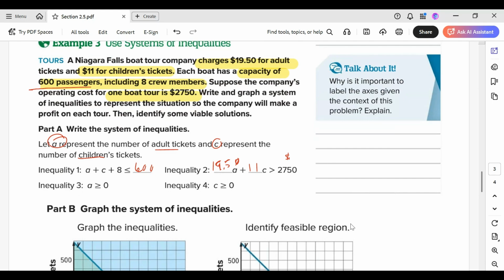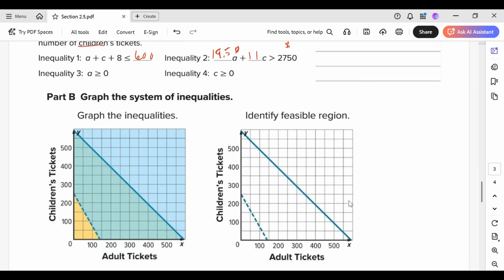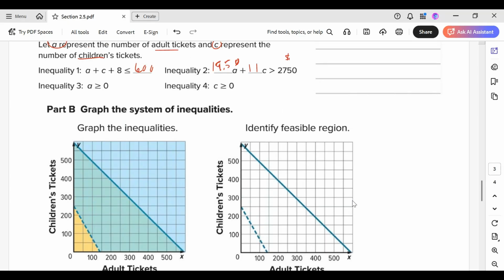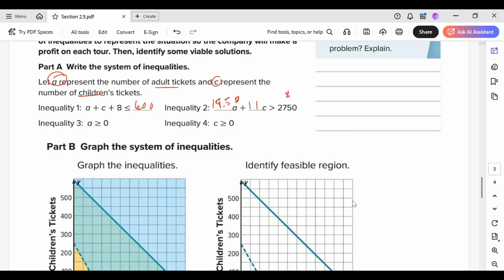So for part B, they want us to graph our pieces. The first one, inequality 1, started as A plus C plus 8 is less than or equal to 600. So technically A plus C is less than or equal to 592.